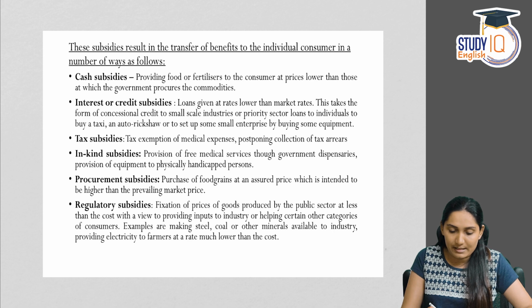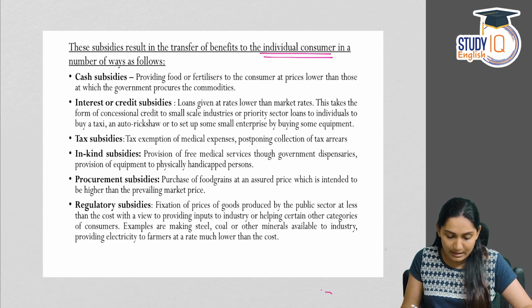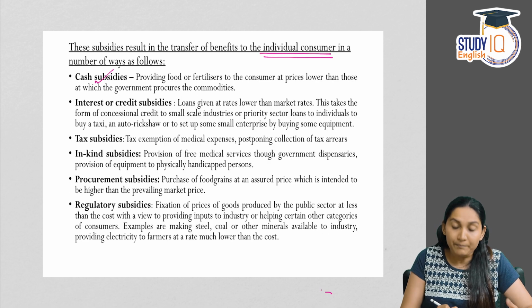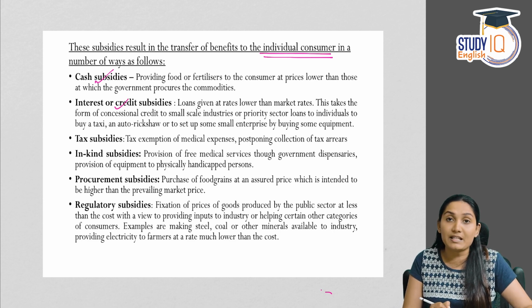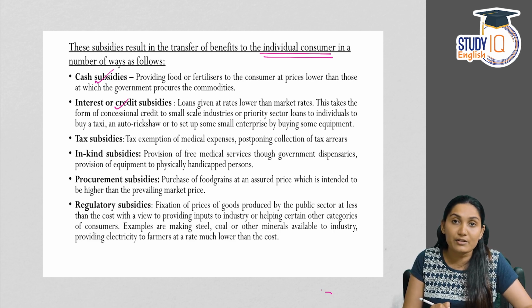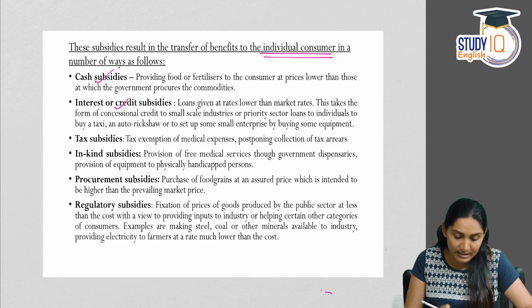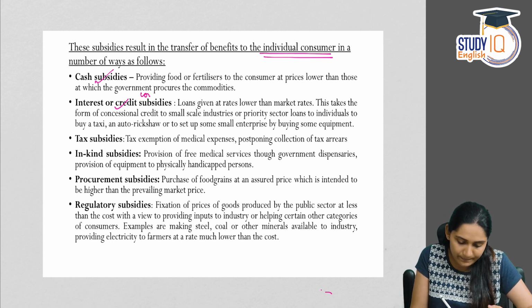Now, these subsidies result in transfer of benefits to individual consumer in a number of ways. So, these are the different types. Cash subsidies, that is in the form of cash. Interest subsidies or credit subsidies, that is lesser rates of interest or subsidized rates of interest, concessional rates of interest.